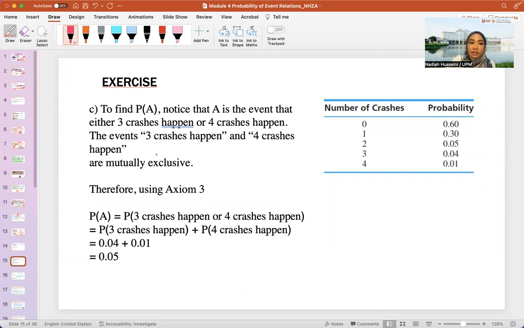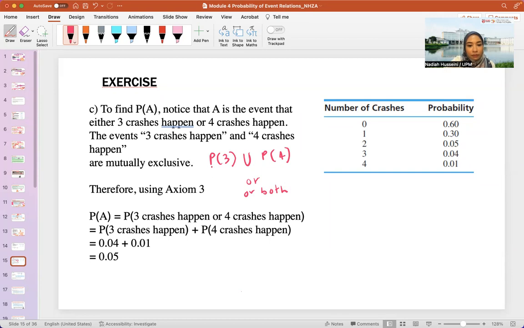Remember, we talked about the axiom of mutually exclusive. So if I wanted to know P3 union with P4, this is 3 crashes or 4 crashes occur, or both occur. So I can use that axiom.